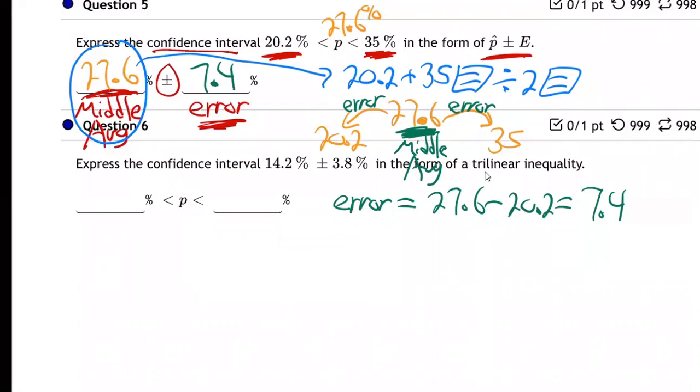So you just take the middle minus the bottom number, and you get the error. And so there we go. We changed forms of that confidence interval statement. There's two ways to say the same thing.